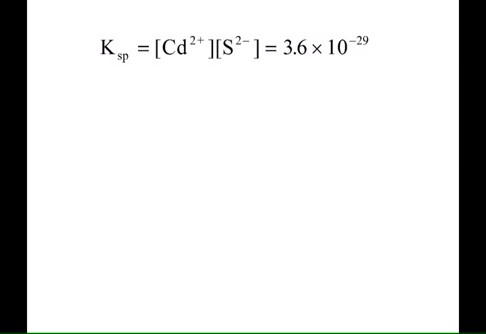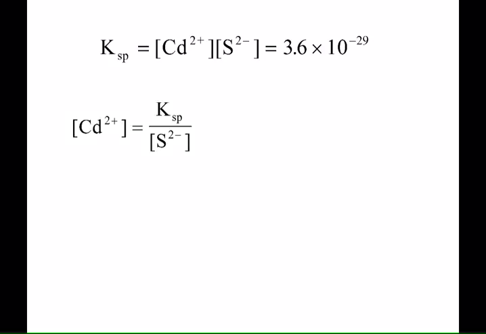It looks like this. There's our KSP expression for cadmium sulfide. Solve for the cadmium molar concentration. It looks like this. Now the sulfide ion molar concentration is going to be the threshold of the precipitation of the nickel 2 sulfide.